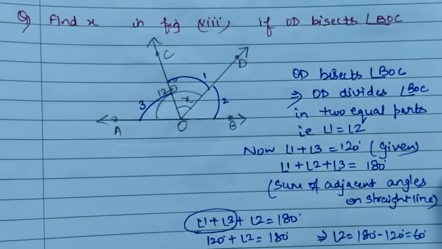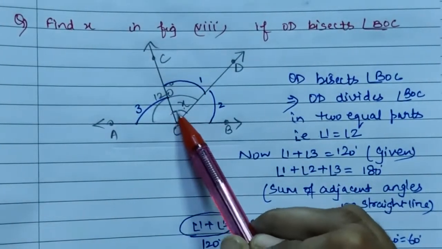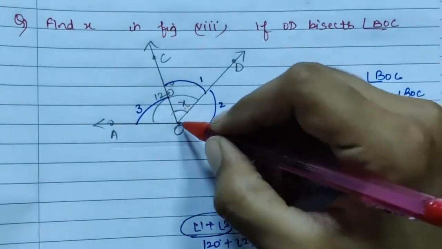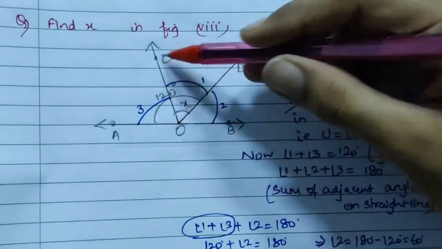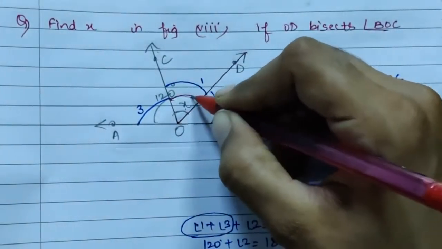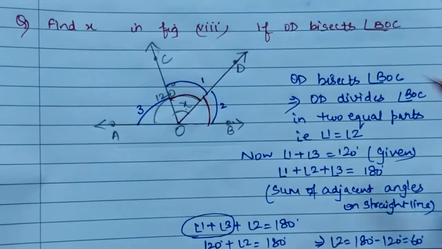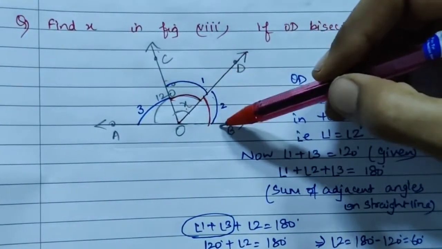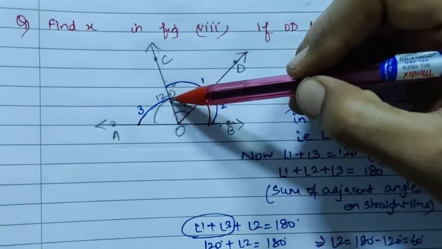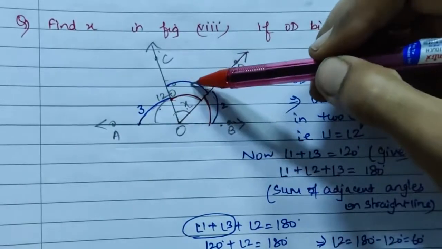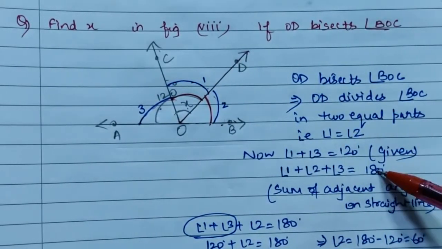Suppose the figure is given to you and you have to find the x here. This is x. Now OD bisects angle BOC. It means this angle will be equal to this angle. Can we say angle 1 is equal to angle 2? Yes. Now angle 3 plus angle 1 plus angle 2 is equal to 180 degrees.